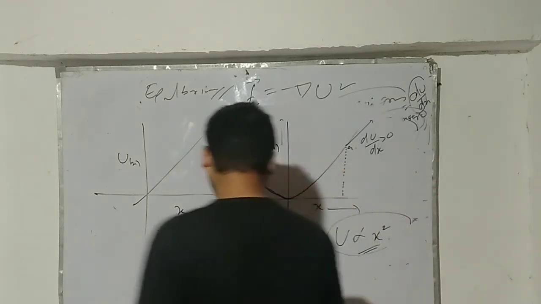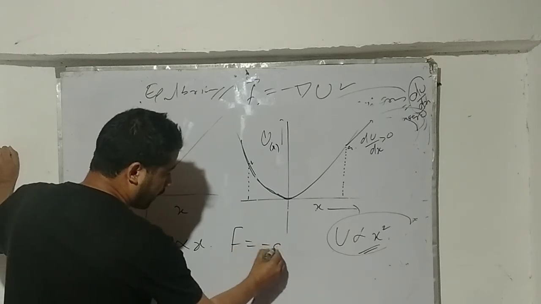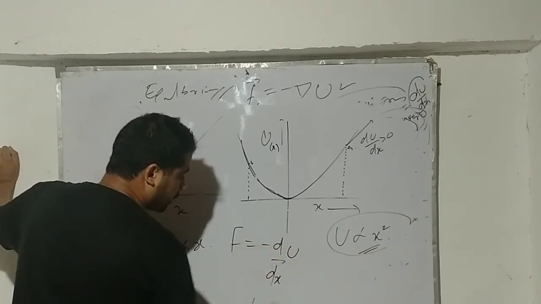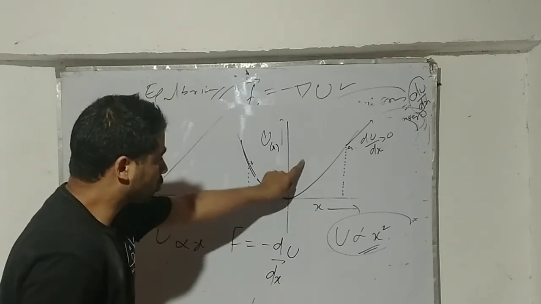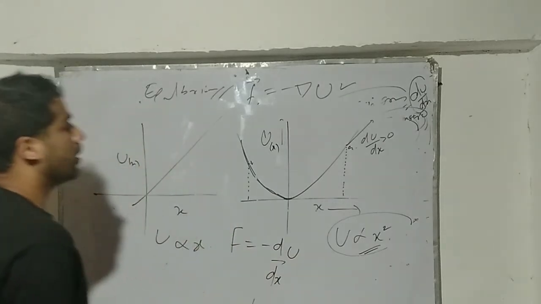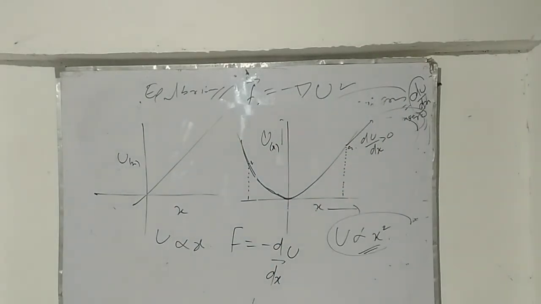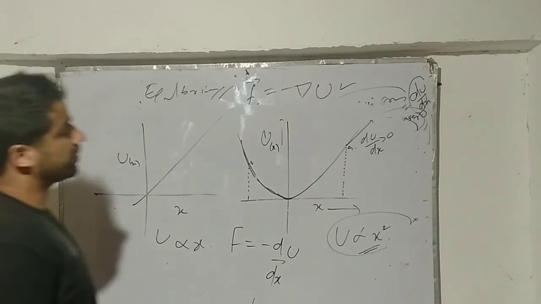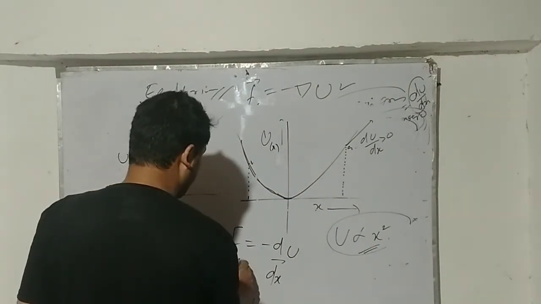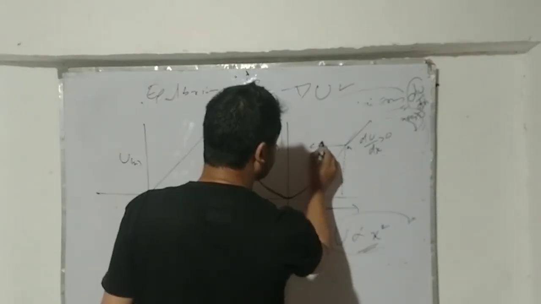If I use the equation F = -du/dx, because in this quadrant x is positive and u is positive, I get a positive slope, because my line is increasing at this point A. So du by dx is positive here. At the same time, my f of x will be negative, meaning that my force will be in this direction.